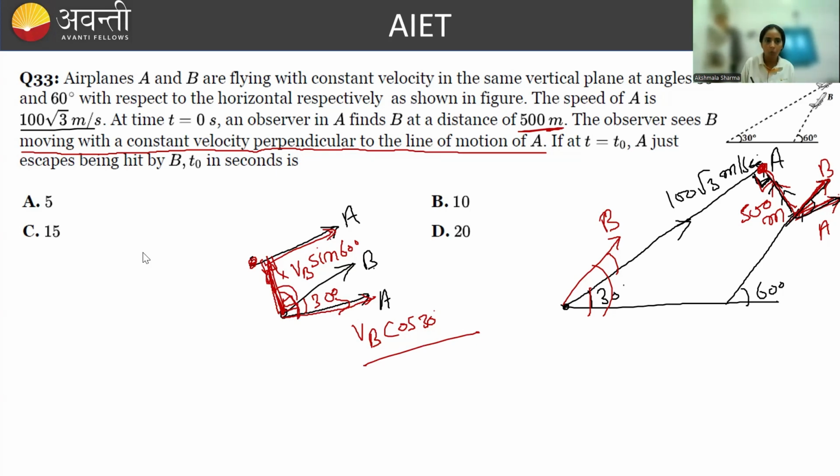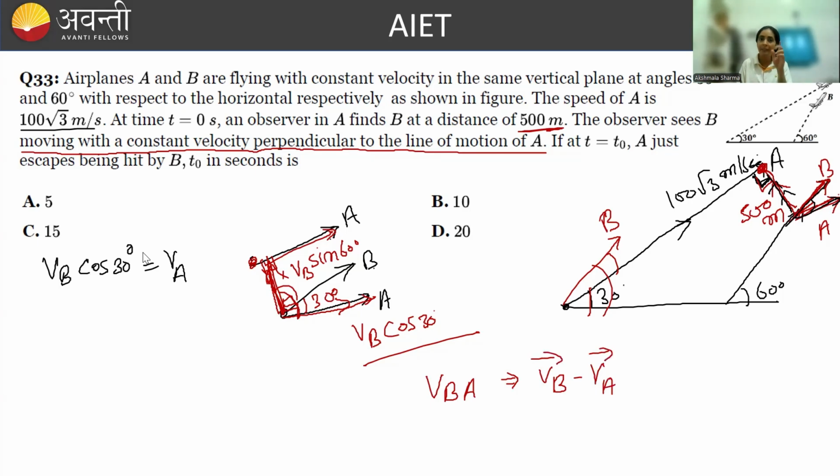Now, the observer in A sees B moving perpendicular to it. It means whatever the velocity of B along A is should be equal to the velocity of A. Then only the relative velocity of B with respect to A is along the perpendicular direction. Because if you calculate the relative velocity of B with respect to A, you will do VB minus VA, okay?